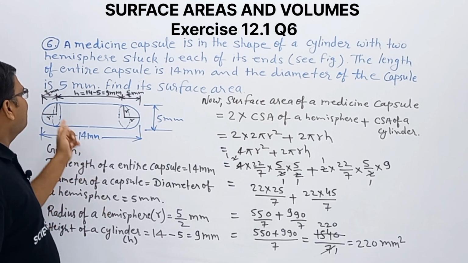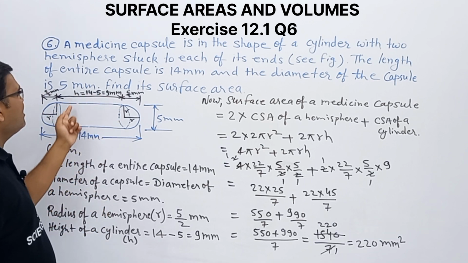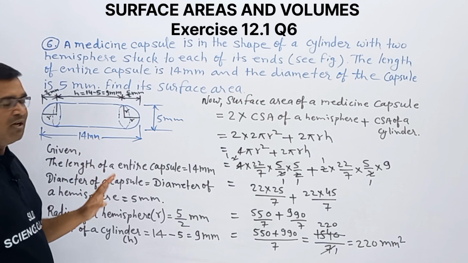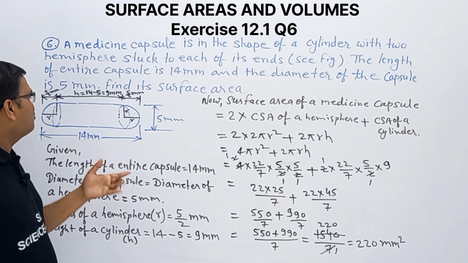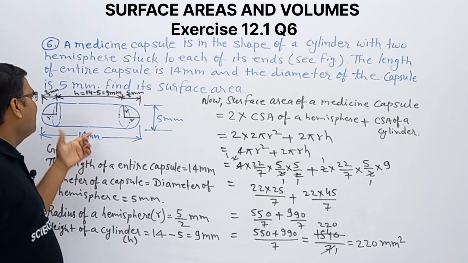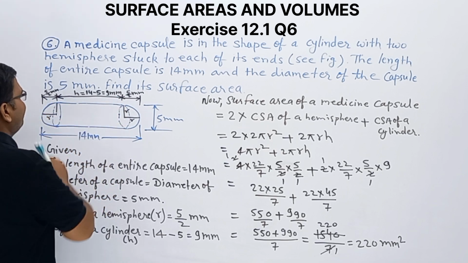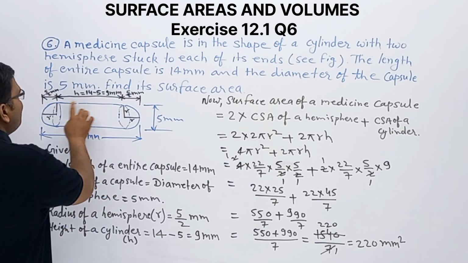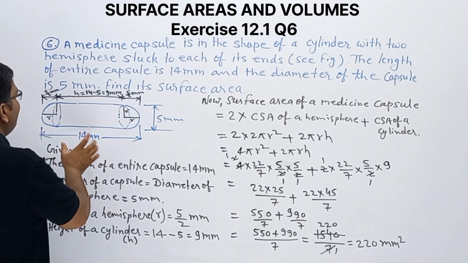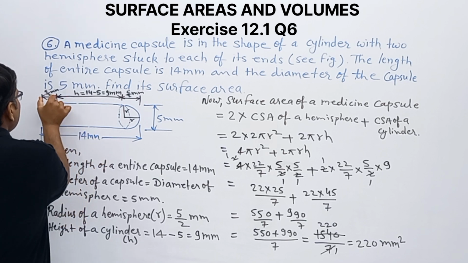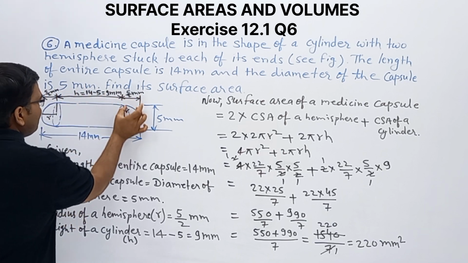Total surface area we require curved surface area. Curved surface area of a cylinder is what? 2 pi RH. R we obtained, but H required. So total length is the 14 mm. H is what? This one is H of cylinder. So height of a cylinder, how we will calculate from total 14? So we will subtract this part and this part, and this is what?